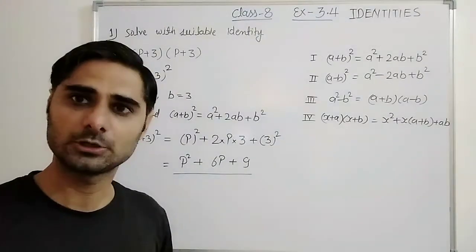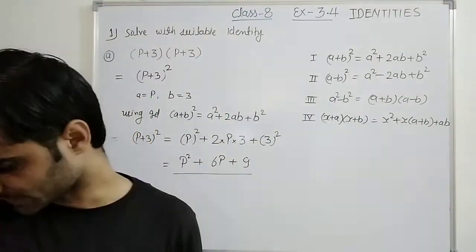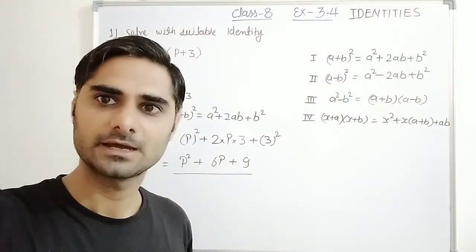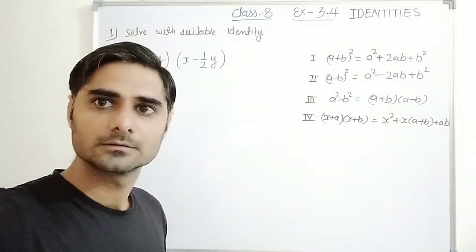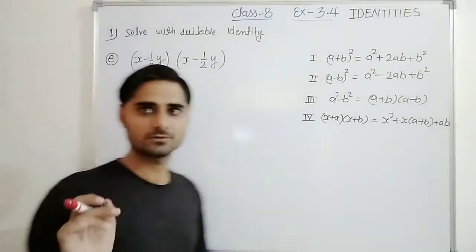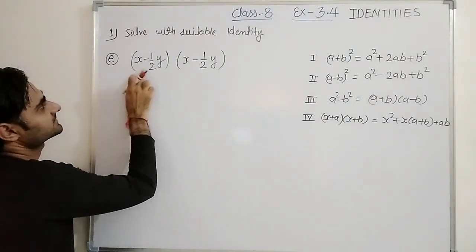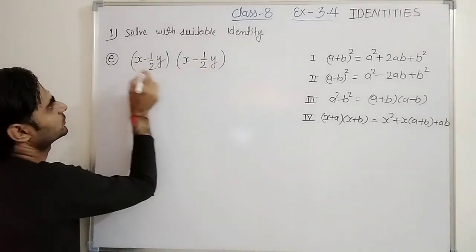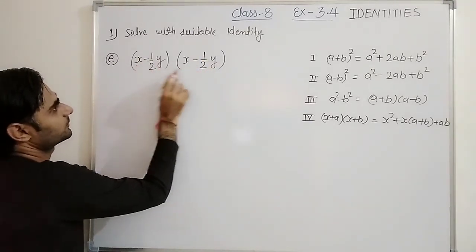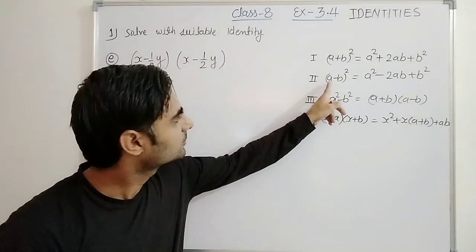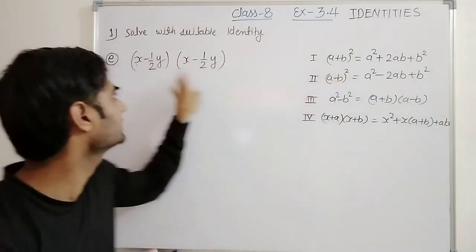One more question I will do, last one, then you will try question number 1 from your side. I'm just going to write here. I'll erase, then I will write. Okay? See, I have written here one more question, this one. This is x minus 1 upon 2y, x minus 1 upon 2y, x same, 1 upon 2y also same. When things are same, see, a minus b whole square, can we write?